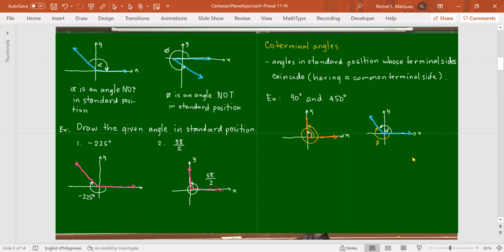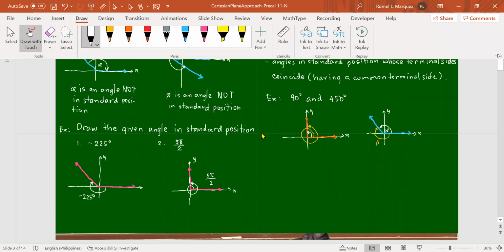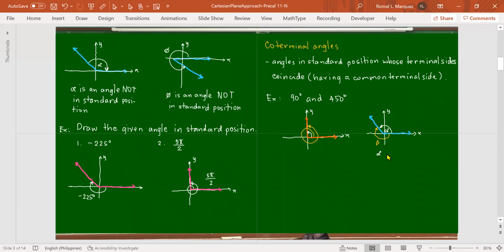So are beta and alpha coterminal, guys? Yes, sir. So we say that alpha and beta are coterminal angles.